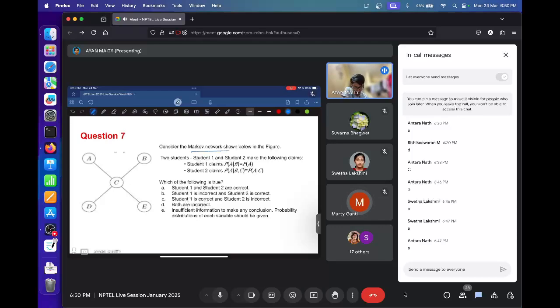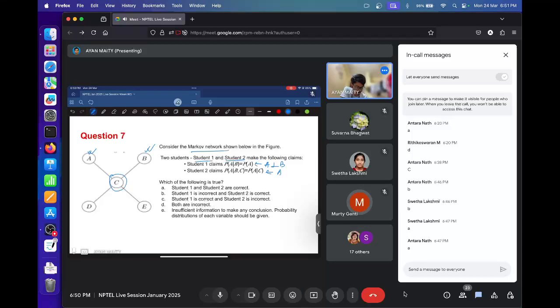So this becomes an undirected Bayesian network, also called Markov network. And again, two students are making two claims. Student 1 claims that probability of A given B is probability of A, so basically A is independent of B. Student 2 claims that probability of A given B comma C is equal to probability of A given C. So if C is given, A and B are independent.